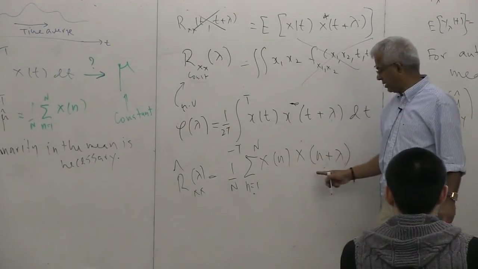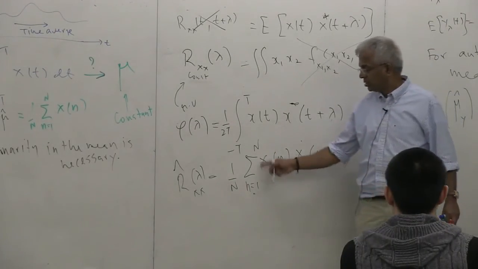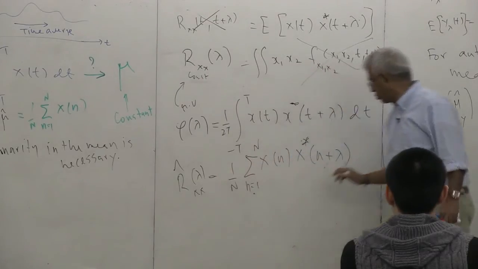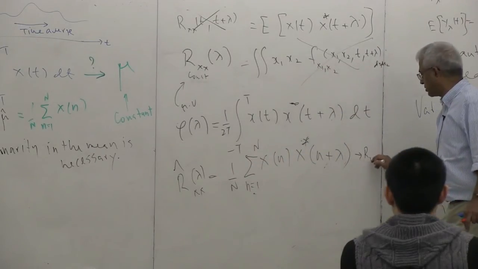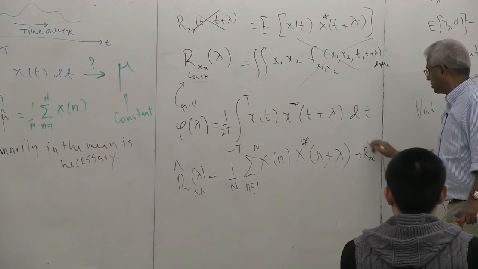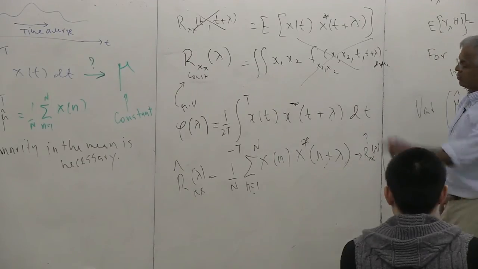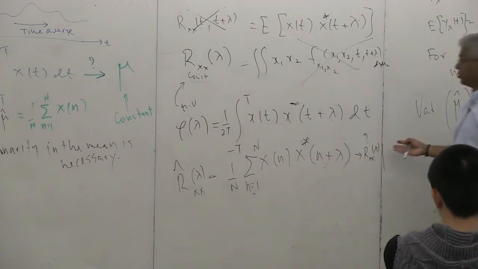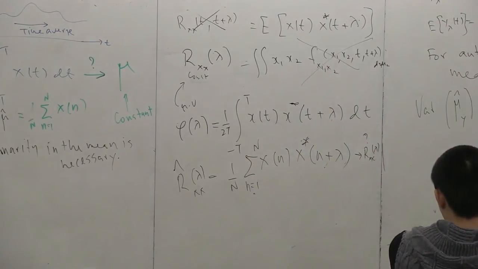You take the data, shift it by some amount, complex conjugate it, and multiply. You want this quantity to look like Rxx lambda, except this is unknown. We know that quantity will look like this if the variance of this goes to 0, because the mean is the same as this. So if you do all this, you will again get the same answer. So we know the answer.